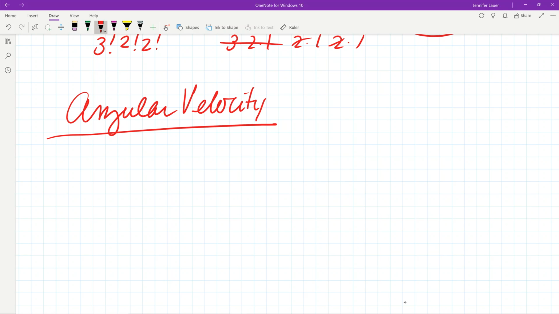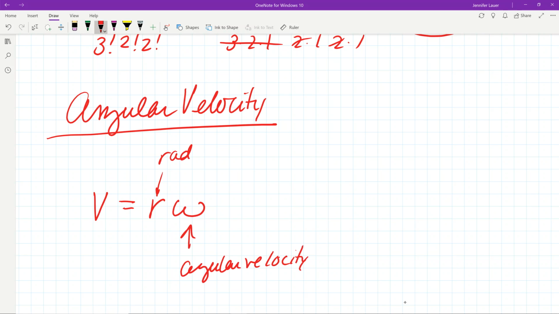So first of all, we need to know the formula for angular velocity versus linear velocity. If we were looking for linear velocity, which is v, we would say r times w. Now w is your angular velocity, r is your radius, and this is your linear velocity.